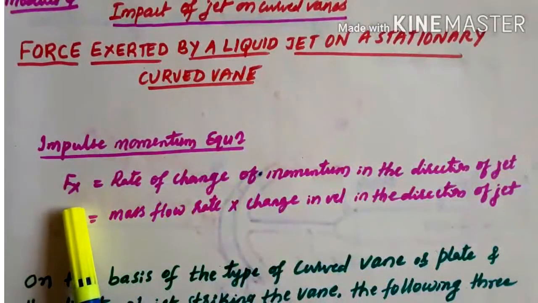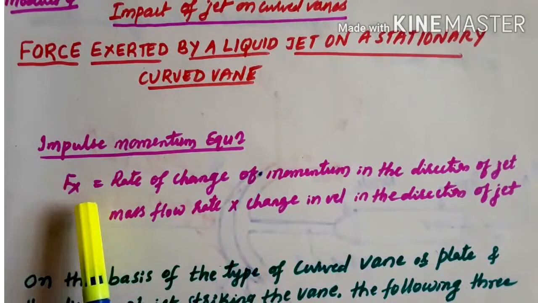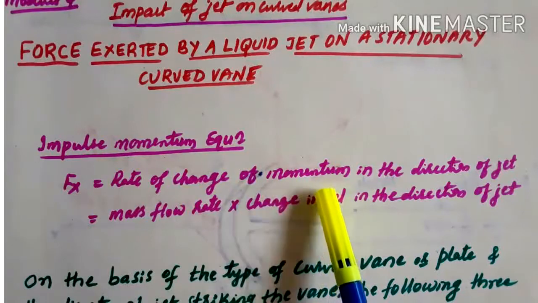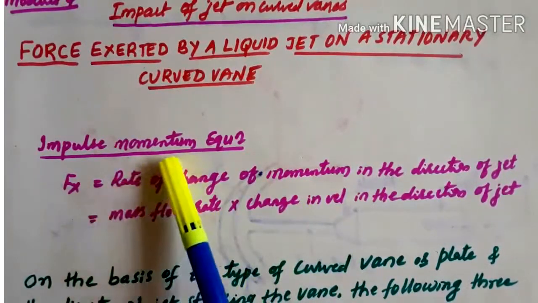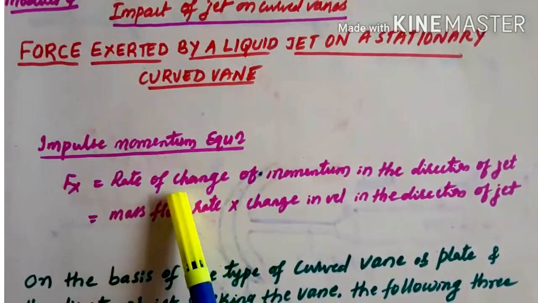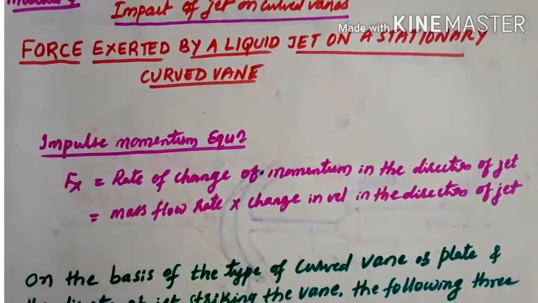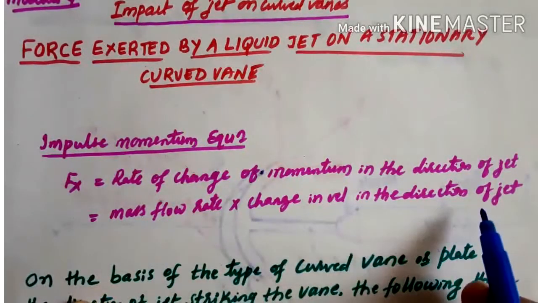In whichever direction the jet is acting and exerting a force, in that direction the momentum of the liquid changes. So that is the impulse momentum equation, that is, rate of change of momentum in the direction of jet, given as mass flow rate into change in velocity in the direction of jet.